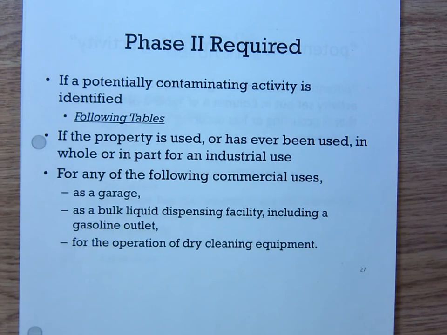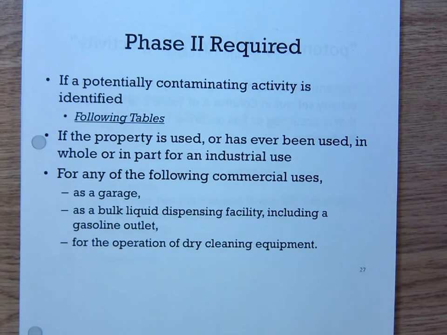Another condition is if the property is used, or has ever been used, in whole or part for an industrial use. For example, if it was used as a machine shop, as a garage, or as a manufacturing plant.